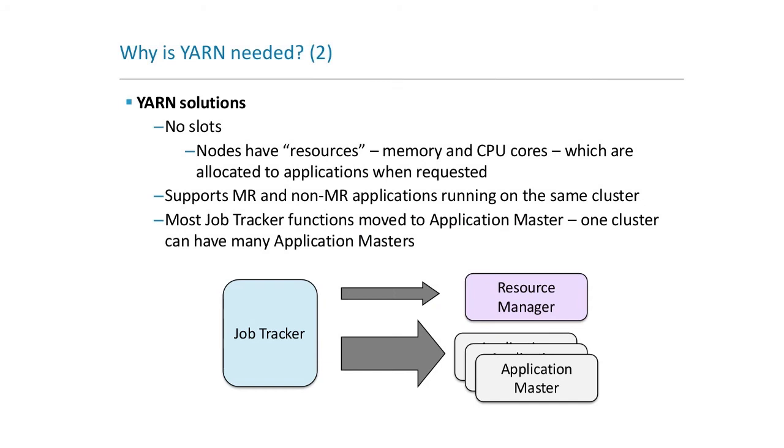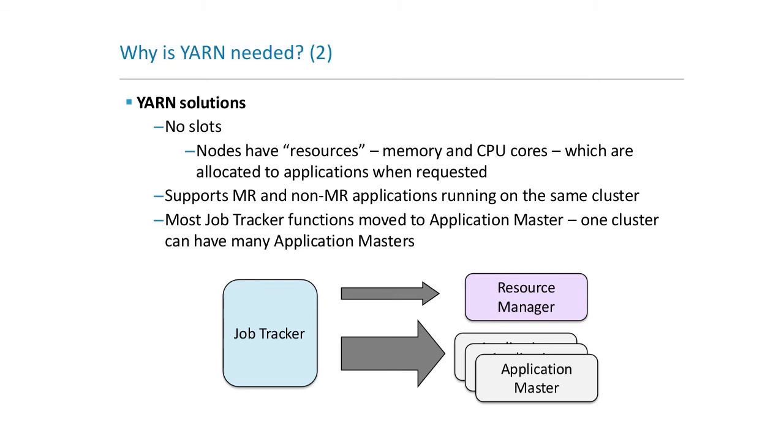Here is the job tracker in MapReduce version 1, and it was doing a whole bunch of tasks as we discussed before. The majority of the job tracker's functions have now been relegated to the application master.